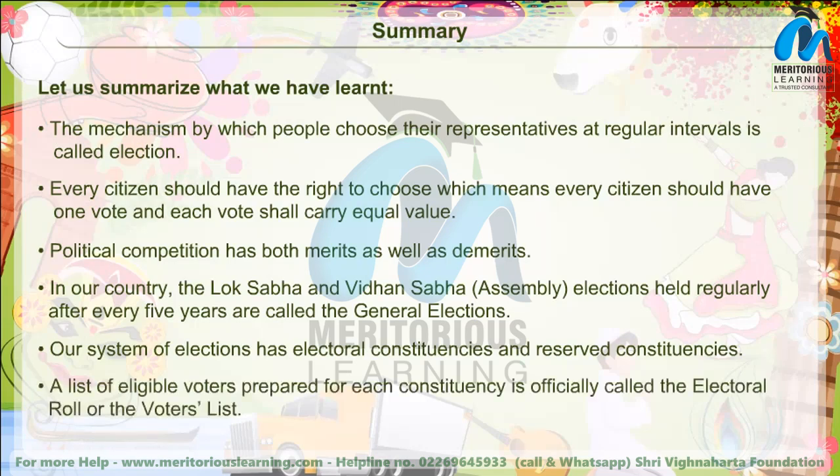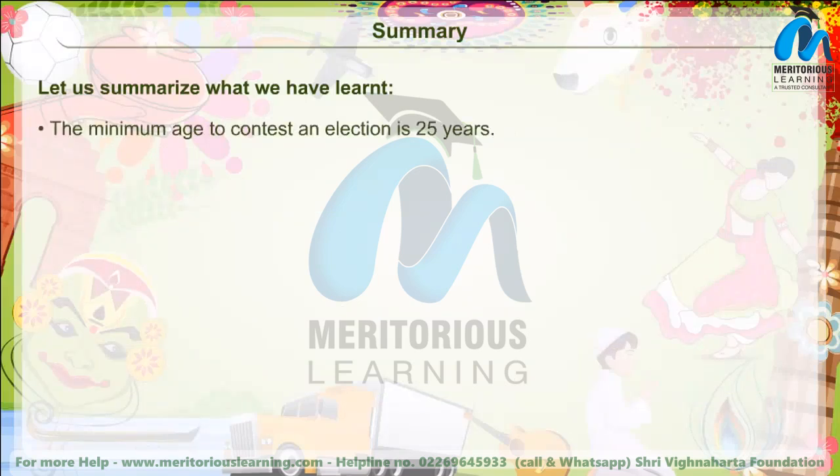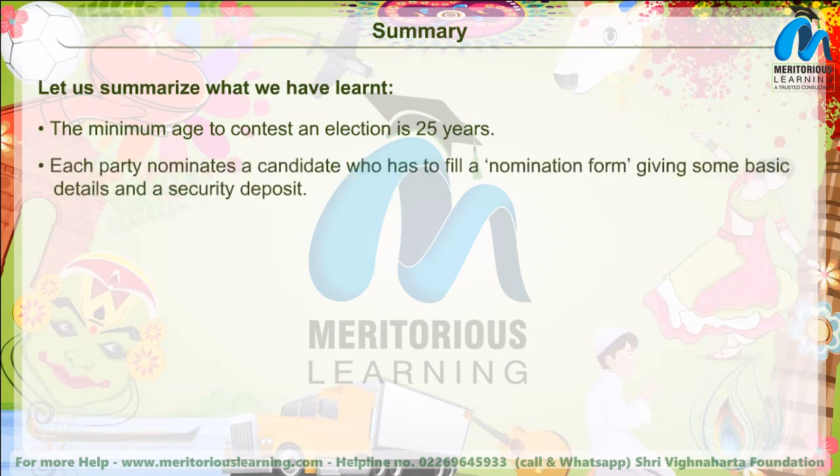A list of eligible voters prepared for each constituency is officially called the electoral roll or the voters' list. The minimum age to contest an election is 25 years. Each party nominates a candidate who has to fill a nomination form giving some basic details and a security deposit.